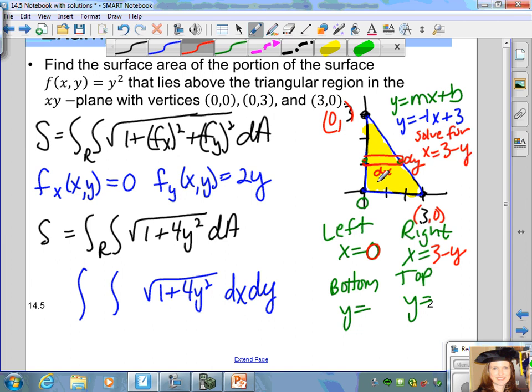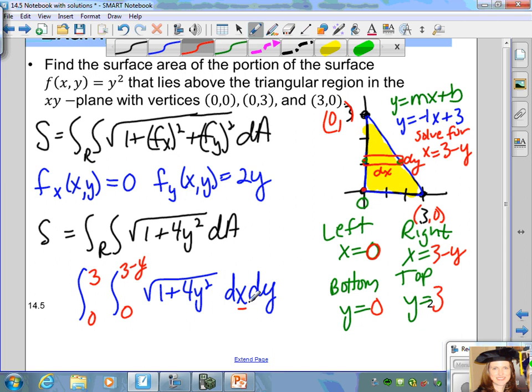If we slide that rectangle all the way to the bottom, that bottom y is equal to 0, and if we slide it all the way to the top, that top y is equal to 3. So since the order of the differentials is dx dy, our inside bounds would be from 0 to 3 minus y, and our outside bounds would be from 0 to 3. Now we have a double integral, and earlier in this chapter we practiced evaluating these.